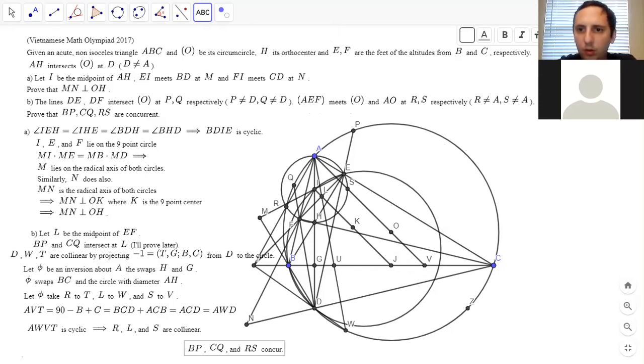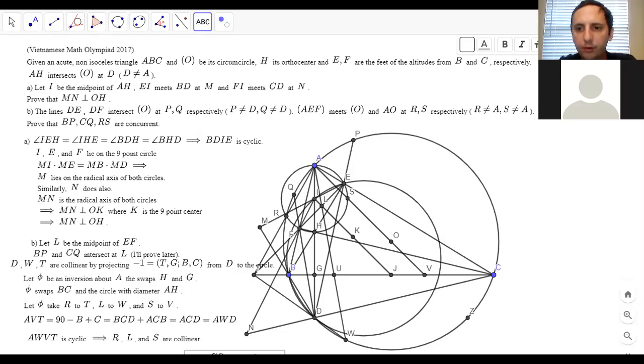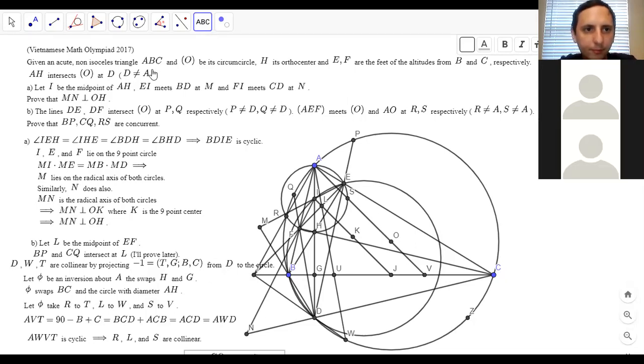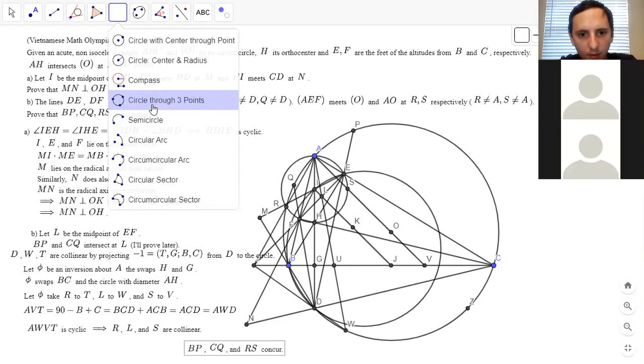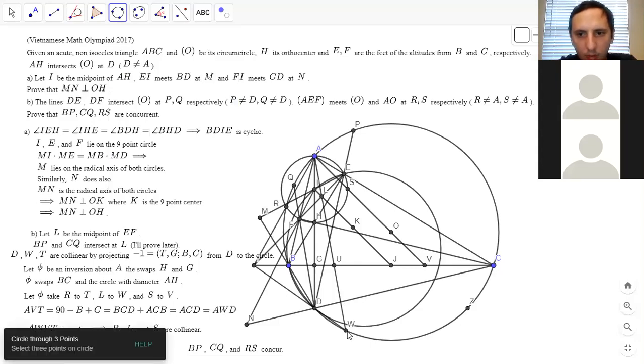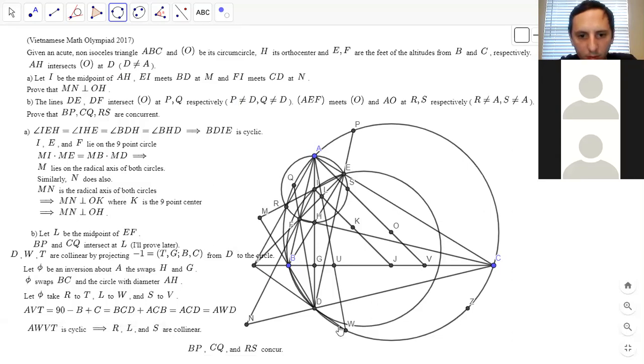Sardar just posted a generalization of this collinearity right here. So T, D, and W. But maybe it's just a radical axis theorem. I have a proof for this, using similar triangles.